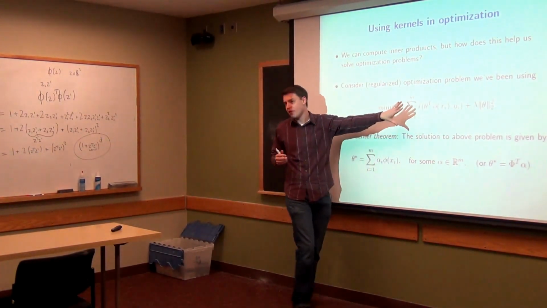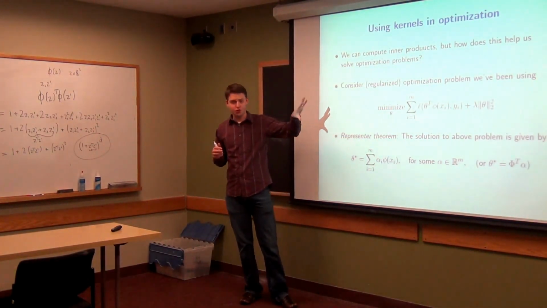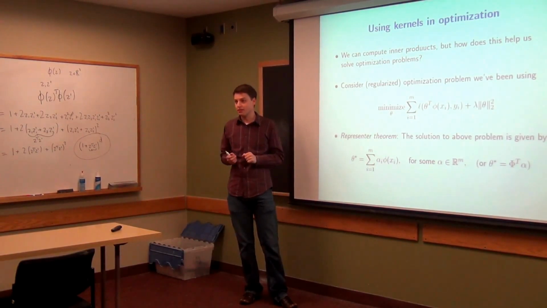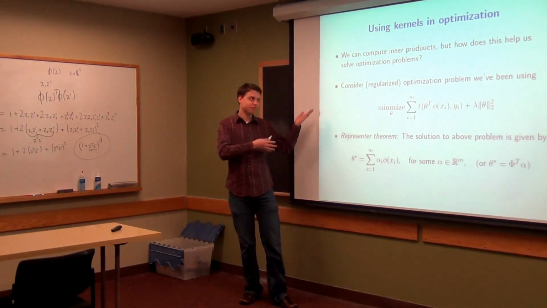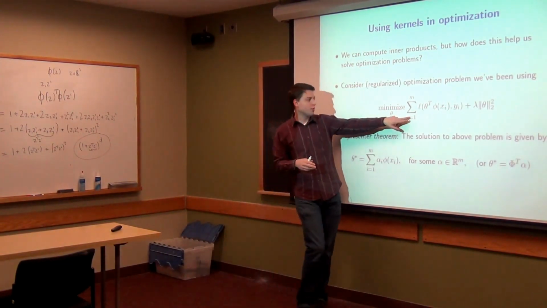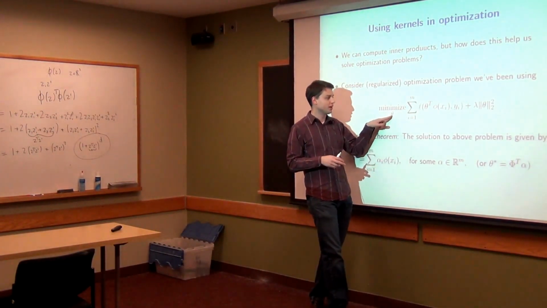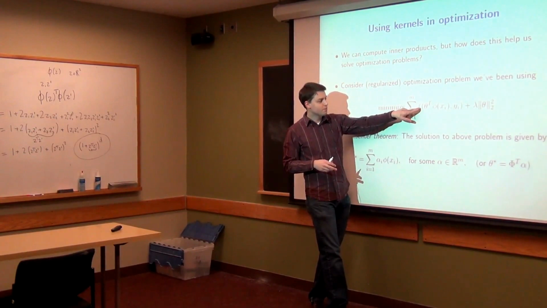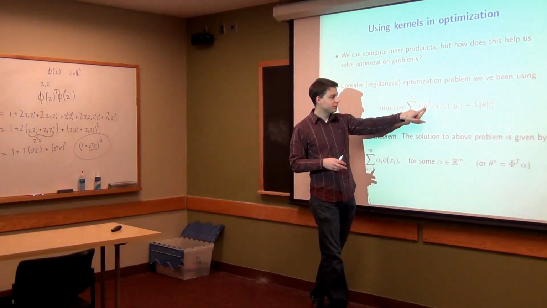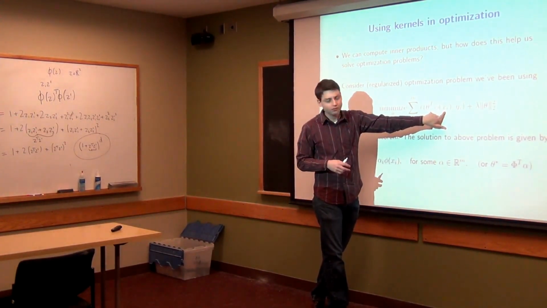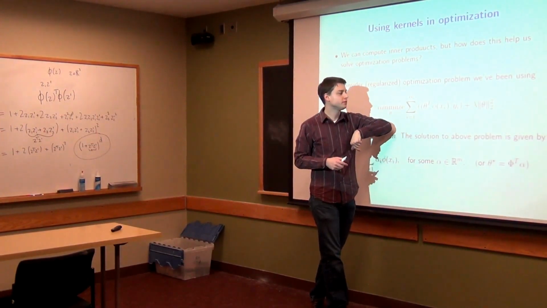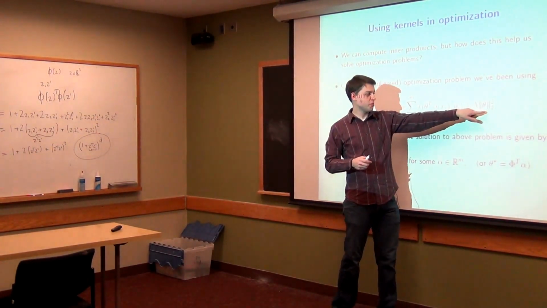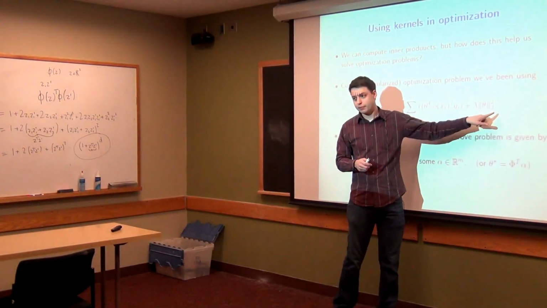This was a very general form for the types of optimization problems we were looking at throughout this class, and it certainly captured all these things. You minimize over your parameters theta the sum over all the data of the loss between your prediction and the true output, plus, remember, this regularization penalty with lambda.